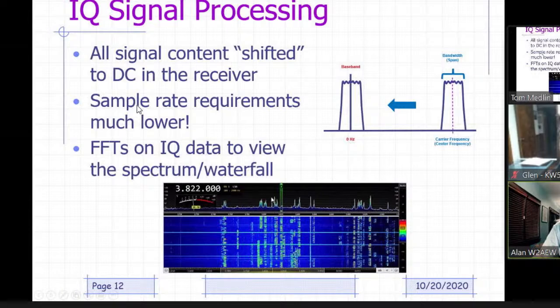That frequency range you see on the spectrum plot is really the range of that baseband signal centered around DC. And the waterfall plot is essentially a strip chart recorder, if you will, of the spectral activity over time. Once you've got this relatively low rate baseband signal, doing these FFTs over time to show you this nice band scope type view isn't that computationally intensive. So that's why you see a lot of this on these SDR radios.